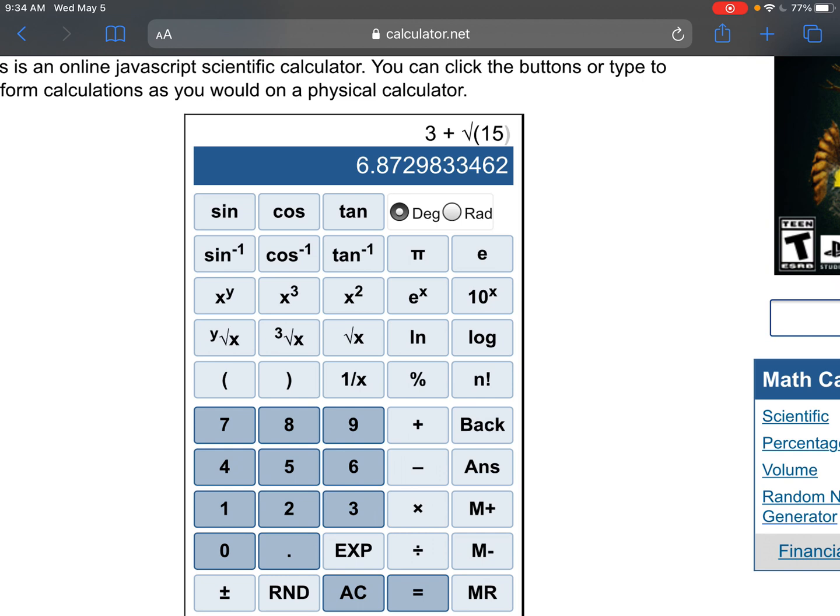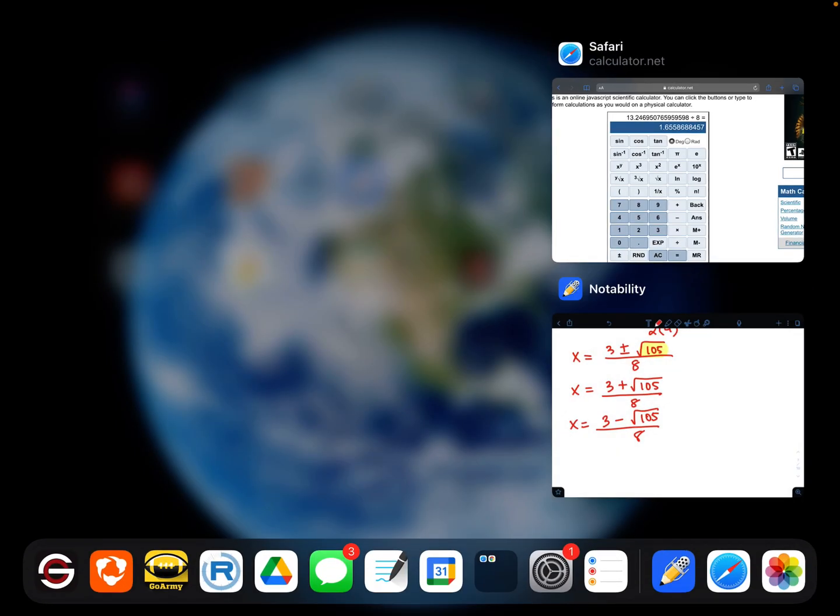Oops, I didn't hit my 0. Let me back up. 3 plus the square root of 105. And this online calculator automatically gets me that. Okay, so you should get 13.2469. And then I'm going to do divided by 8. So I'm getting 1.65586. Now I'm ready to round. So I'm going to call that 1.66.